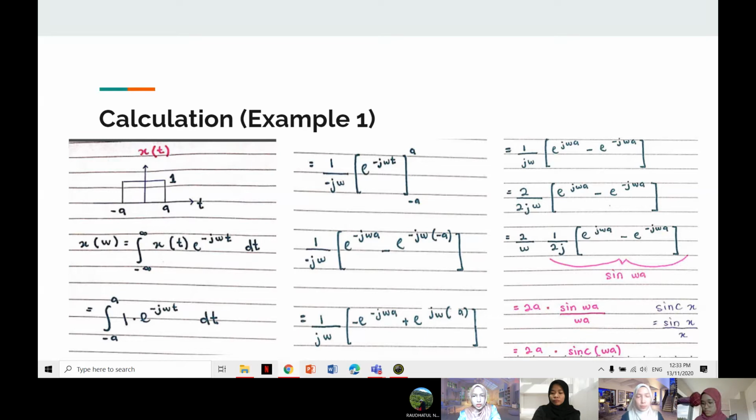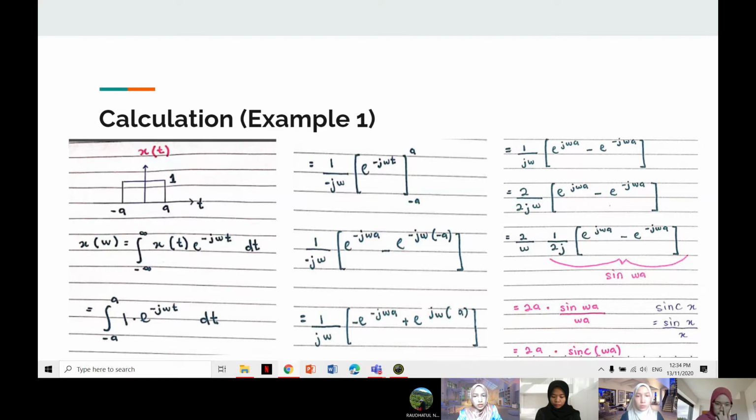Now in this slide, I want to explain calculation example 1 based on the continuous Fourier transform formula. So, this is the signal pulse range for a Fourier transform function. The formula given for this example is X(omega) equals the integral of x(t) times e to the power of negative j omega t dt.